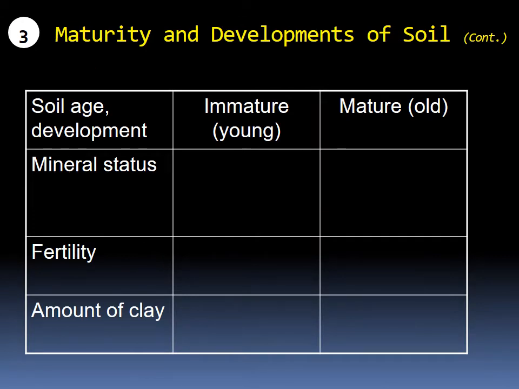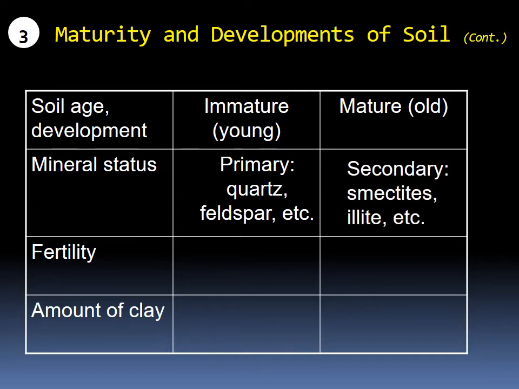We might ask ourselves a question like, are there any differences between a young and a mature soil profile in terms of their chemical status, more specifically the mineral types, the fertility, and the amount of clay? Well, yeah, there are differences like this. So usually a young soil is more predominant of primary type minerals like quartz, feldspar, and others.